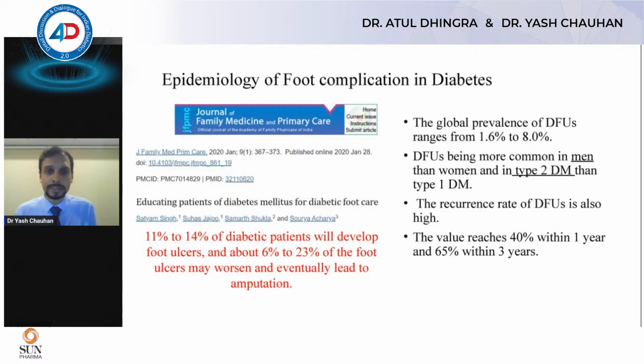So just a quick epidemiology of foot complications. So this study was conducted in Maharashtra, and approximately 11 to 14% of diabetic patients here developed foot ulcers, and around 6 to 23% of foot ulcers worsen and eventually lead to amputation.